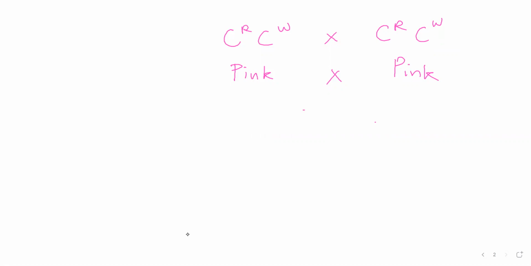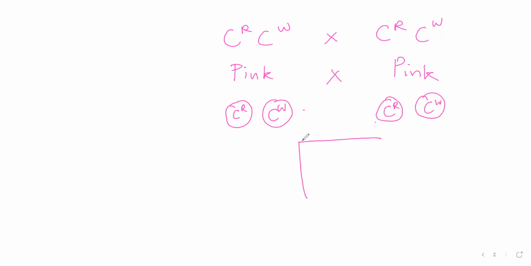All right, so what are our gametes? Our gametes are CR, CW, CR, CW. In our Punnett Square, what are we going to make?